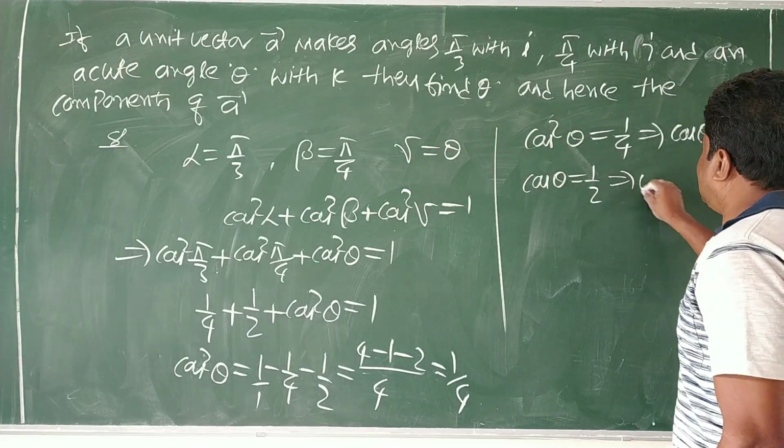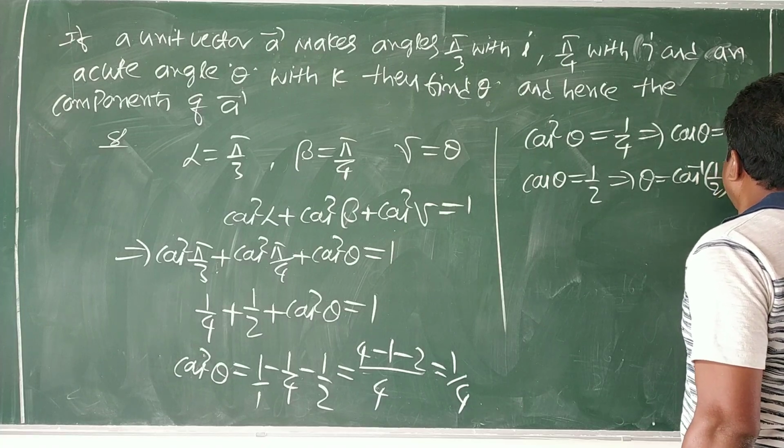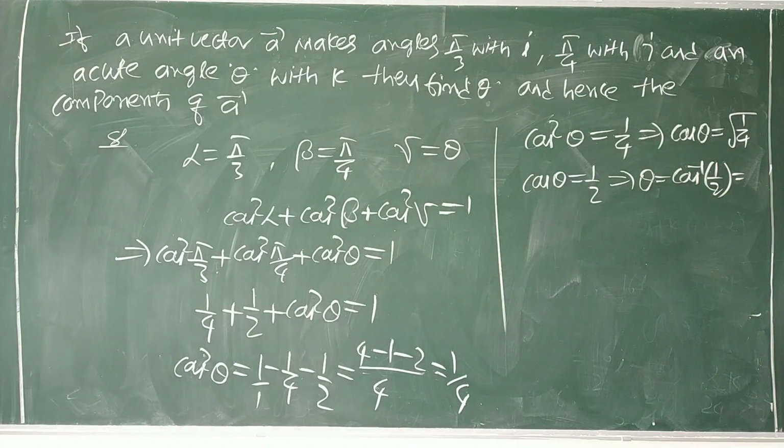Theta equals cos inverse 1 by 2. If 1 by 2 comes in sine, we use 30 degrees. If the same thing comes in cos, it must be 60, that is pi by 3. I hope you got it.